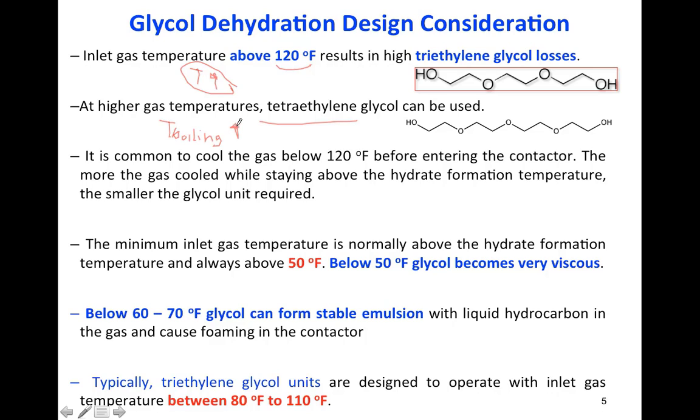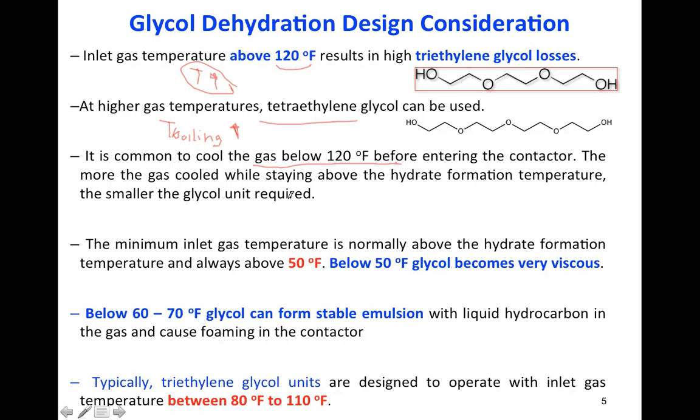This high boiling temperature means we can operate at higher temperature without boiling or vaporizing the glycol and losing it. But usually it is common to cool down the inlet gas to below 120, especially if you are using triethylene glycol, to avoid losing any glycol. So by having a temperature a little bit below 120, we will avoid losing the glycol.